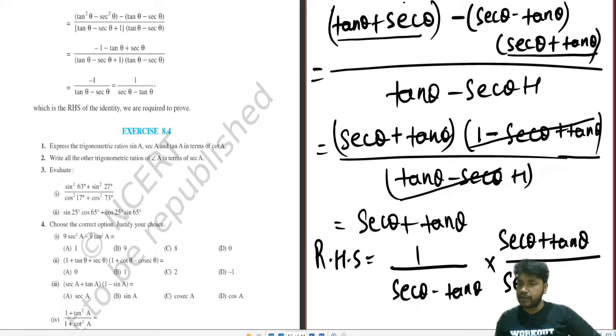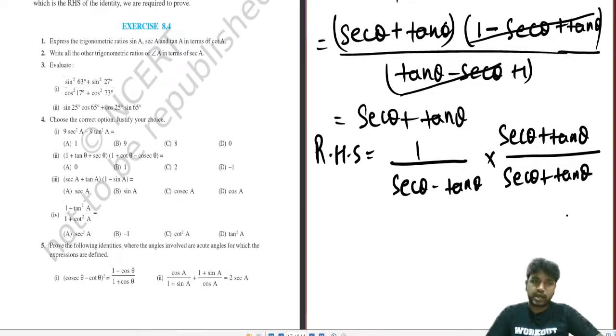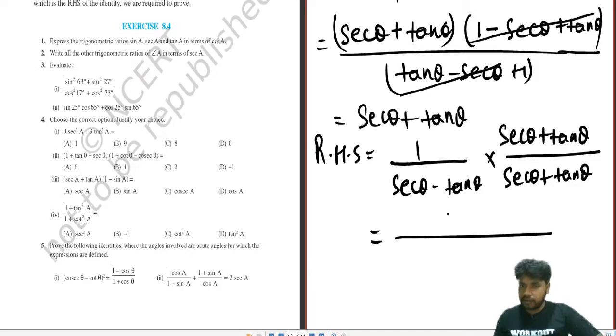We will multiply numerator and denominator by sec theta plus tan theta. Now students would be asking, why are you writing this, sir? First of all, multiplying numerator and denominator by the same term will not affect my answer, so I am not writing anything wrong. Next, this will be helpful because there will be a formula over here that will be used in the next step.